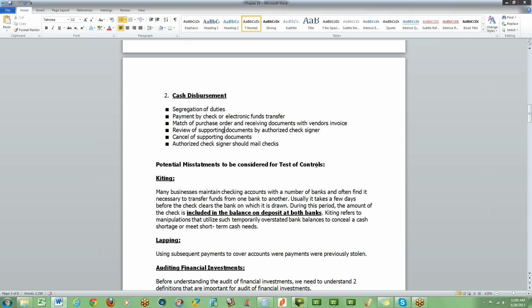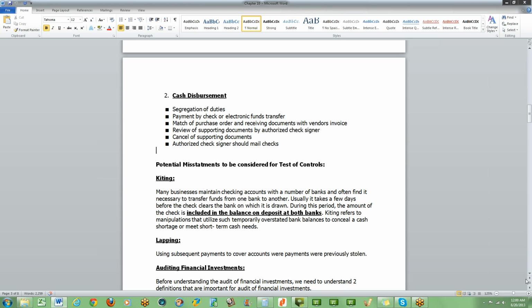The voucher package is important, not necessarily for this chapter, but for the accounts payable cycle. Voucher package means identify what was ordered from the purchase order, identify what was actually received from the receiving report, and identify what was invoiced. And once the three match, only then can you make the payment.